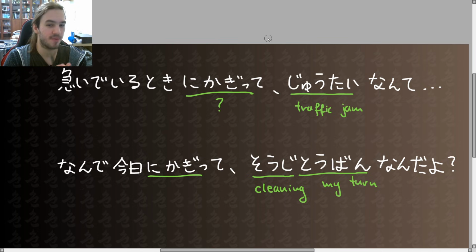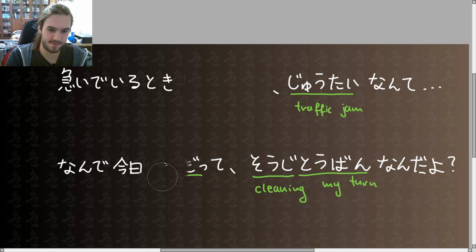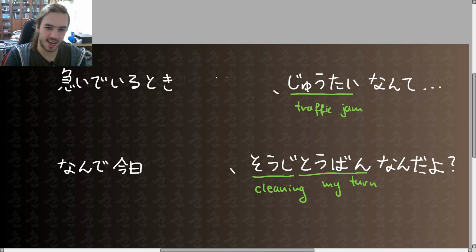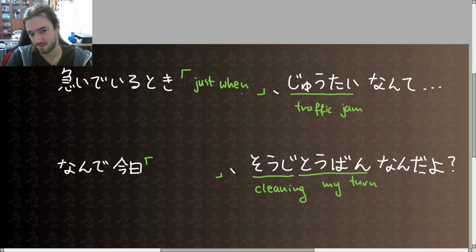So what do we do from now on? When we make our own flashcards, what do you want to do? You want to get rid of this word. And instead, here, for example, let's make a little Japanese bracket. And let's make things easy. Let's just use English here. So, 急いでいるとき, we can just do like "just when", right?